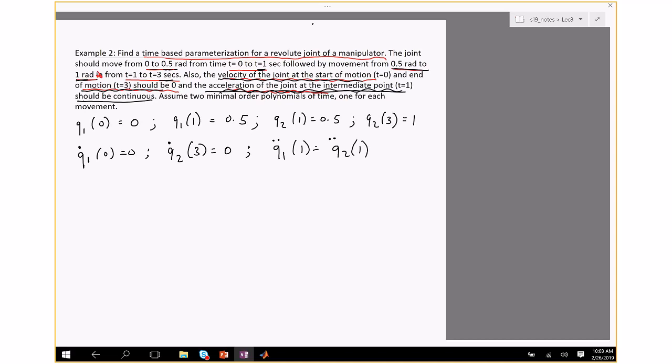Okay. So if you want to have the acceleration to be continuous, you also want to ensure that the velocity is also continuous, right? It doesn't make any sense to have the acceleration continuous and the velocity discontinuous. So we also introduce this condition, saying that the velocity is continuous.